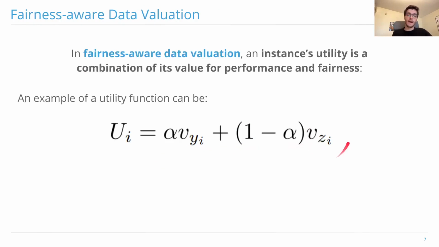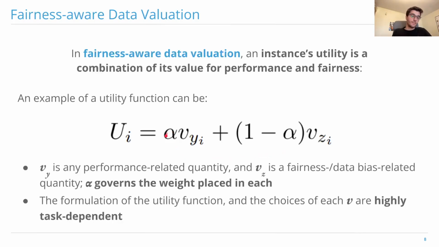So this V_Z,i here denotes the value of instance i towards fairness with respect to protected group Z in the context of some predictive task where our target is Y. So we're always in this context of some downstream predictive task, which in our case is fraud detection. The alpha term governs the weight that we might place on performance and fairness, which might vary between applications, but this is also task dependent, of course, and the specific formulations of V and the utility function itself are also task dependent.